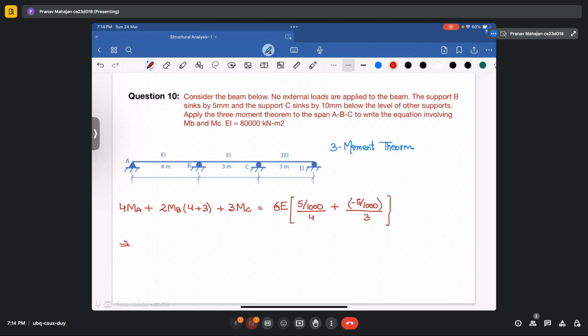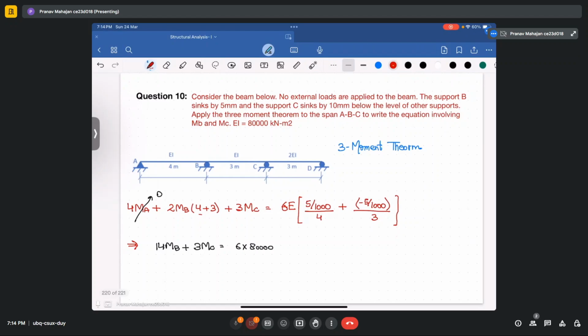Okay. If we solve the problem here, MA will be equal to 0. And what will you get? You will get 14 MB plus 3 MC equal to 6 plus 80,000. How do we get 80,000? Because here also I is there, so EI we have written as 80,000. 5 upon 4,000 minus 5 upon 3,000.